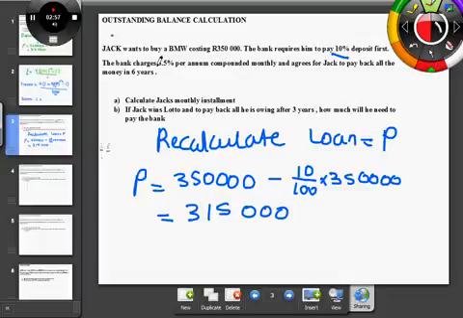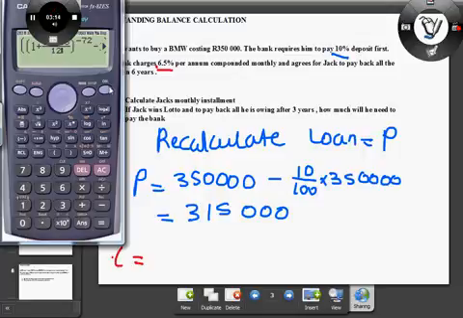So the bank is charging 6.5% per annum. To calculate the interest, 6.5 will be written as 6.5 divided by 100.